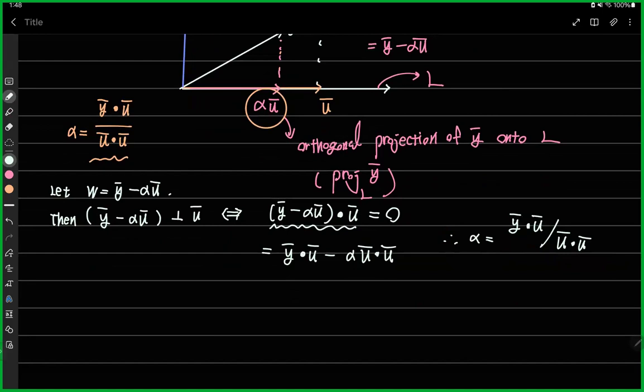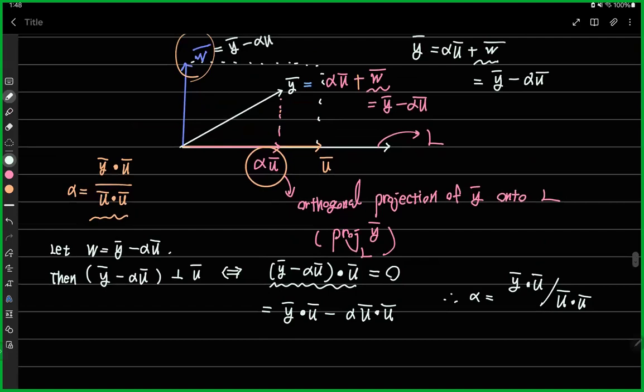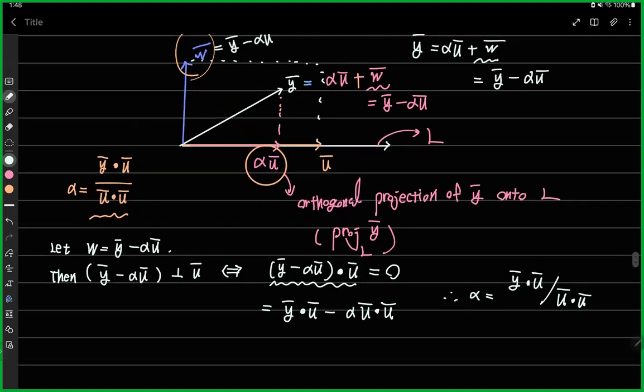So algebraically, I just figured out alpha, or using theorem 5, alpha must be equal to y dot u over u dot u. Either one is fine.